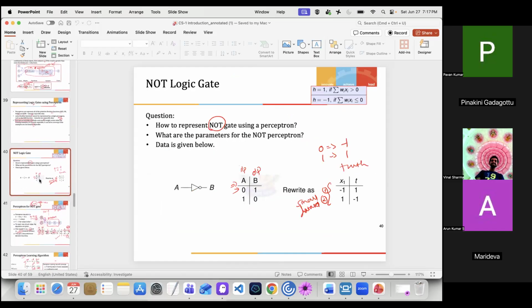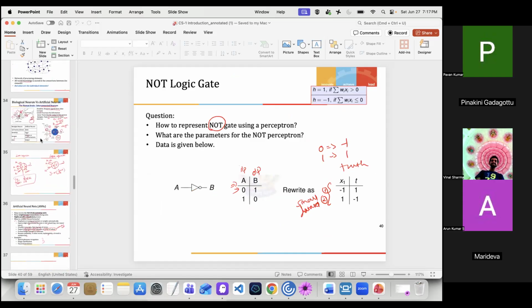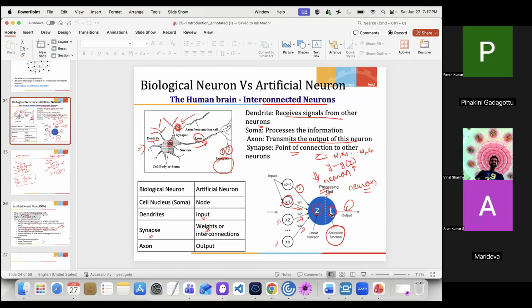Now the thing is that this one perceptron can solve simple problems like the AND function, or even the OR function. Okay, the simple problems can be solved like that, Boolean functions.